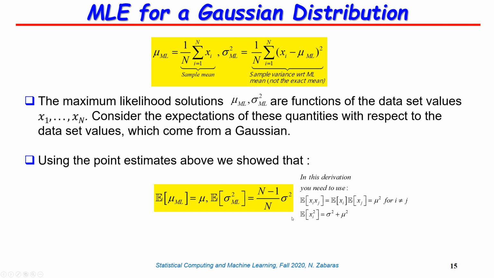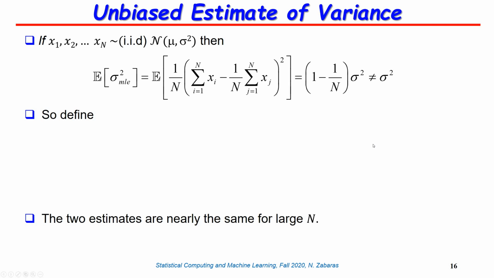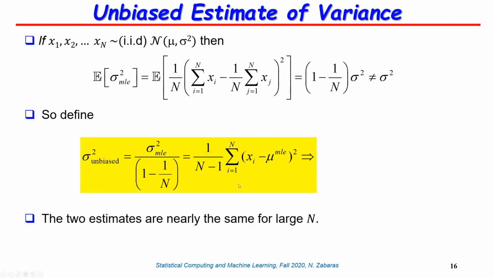In statistics, because the MLE estimate that you see up here is a biased one, you will often see in the literature an unbiased estimator for the variance. That unbiased estimator looks similar in form, but instead of having 1 over n, it has 1 over n minus 1.